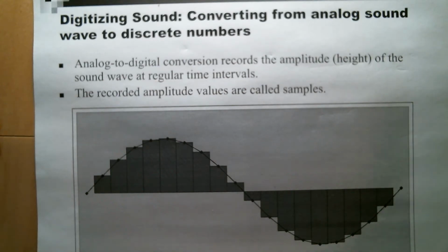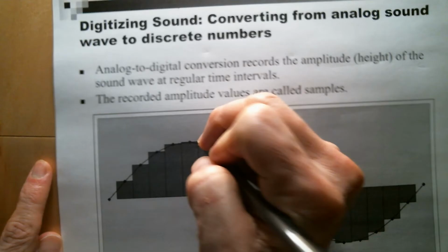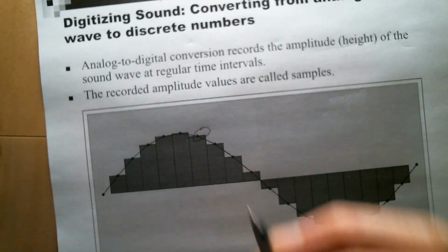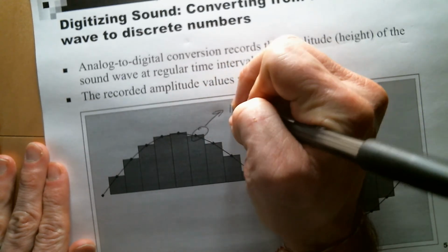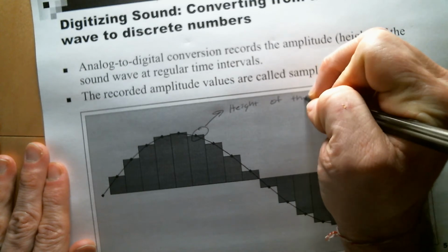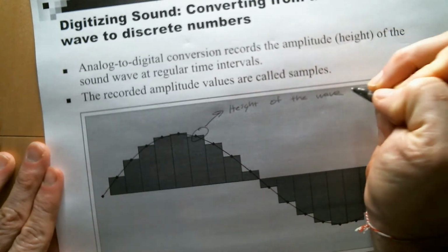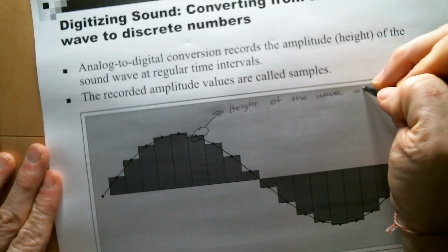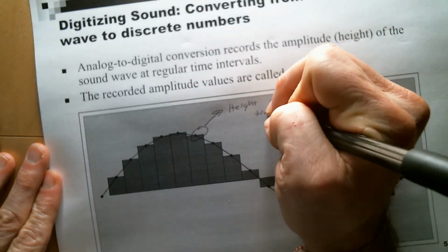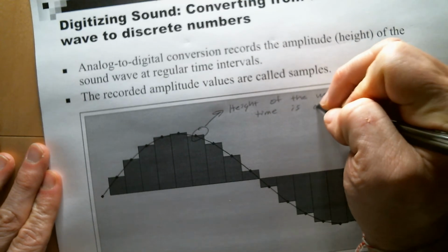Each of these dots here represents a sample. So at an interval, that might be one of our sample values, and the height of the wave at this time is our sample value.